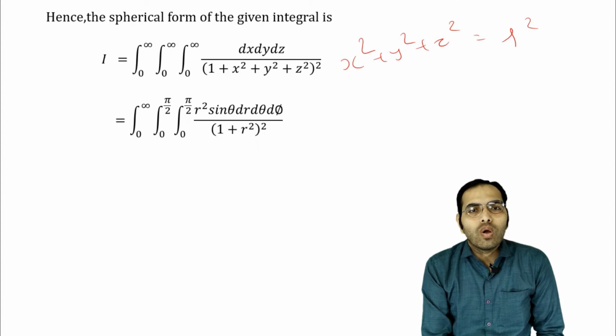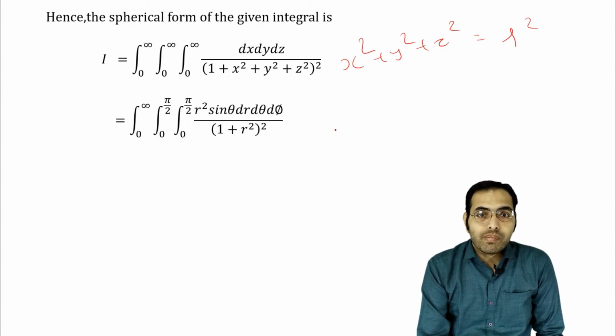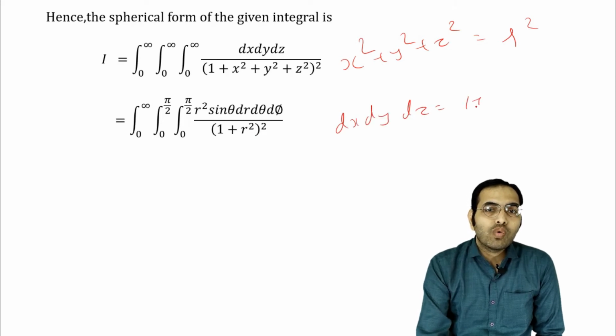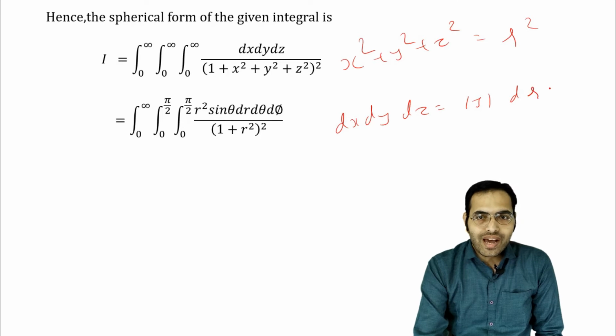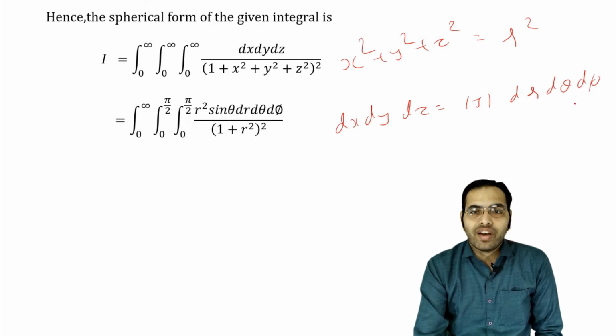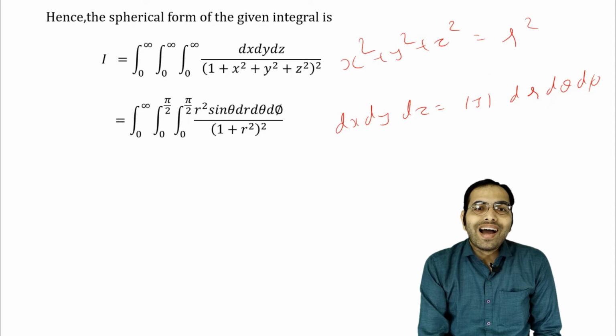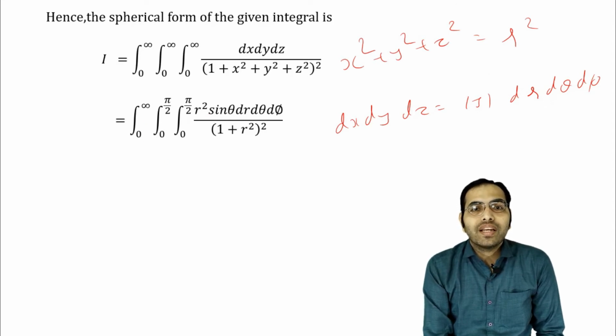Here dx dy dz is replaced as follows: whenever we convert from Cartesian to spherical coordinates, it becomes mod J dr d theta d phi, where mod J is r square sin theta. Substituting, we get r square sin theta dr d theta d phi upon (1 plus r square) whole square, with r varying from 0 to infinity, theta from 0 to pi by 2, and phi also from 0 to pi by 2.